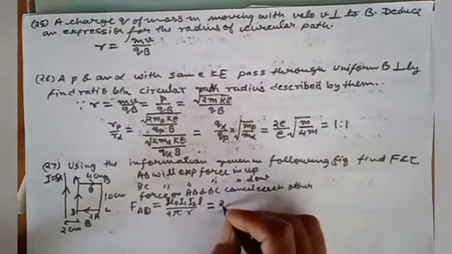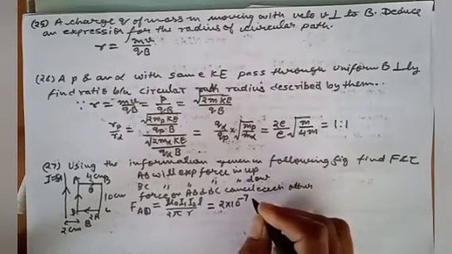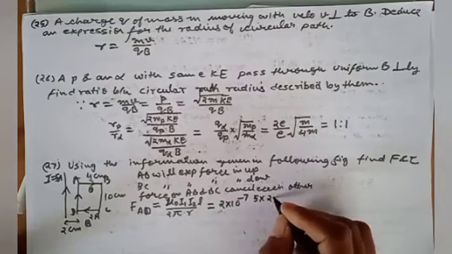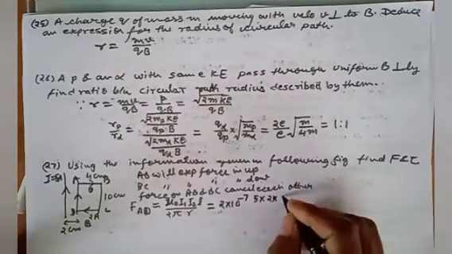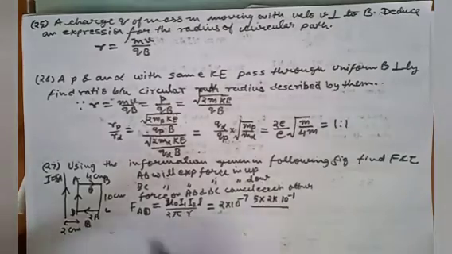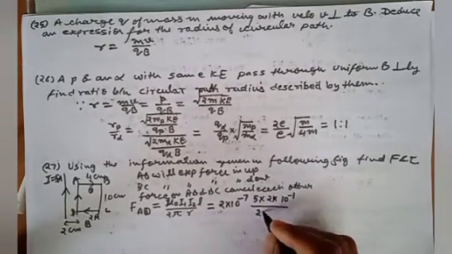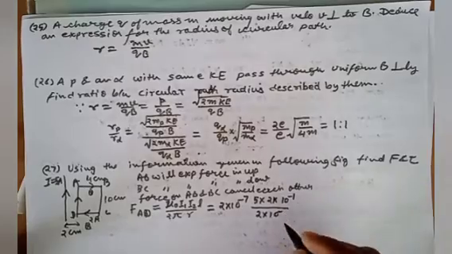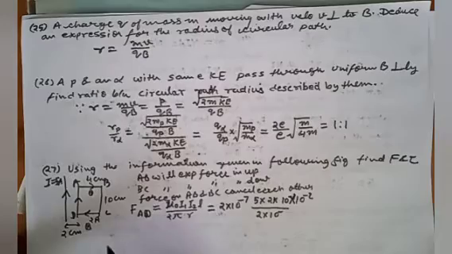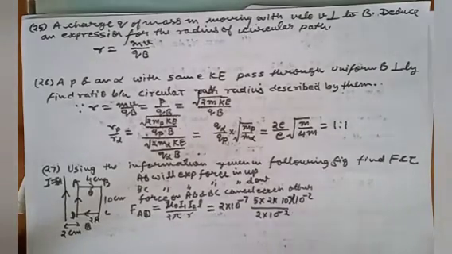Mu naught by 4 pi is 2 into 10 to the power minus 7. I1 is 5 ampere, I2 is 2 ampere, and L is 10 centimeter, which I have converted into meters, 10 into 10 to the power minus 2. The distance between them is 2 centimeter, 2 into 10 to the power minus 2. That will be much easier.